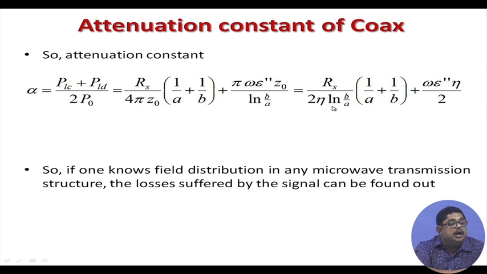But another important parameter, at least design wise, is this B by A ratio. We can always write 1 by A plus 1 by B in terms of B by A. So, the outer conductor's radius by the inner conductor's radius is an important parameter for alpha. So, loss or attenuation constant will depend on that.